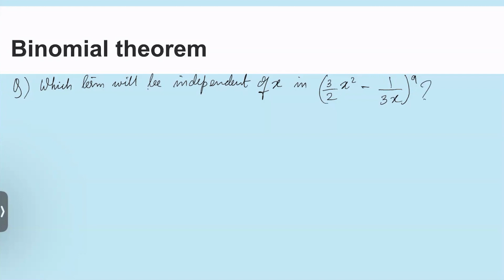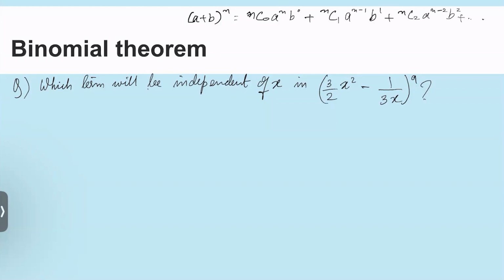Okay, so if you remember exactly the binomial theorem, when we do the binomial theorem, that is (a plus b) the whole raised to n. So you have nc0 a raised to n b raised to 0 plus nc1 a raised to n minus 1 b raised to 1 plus nc2 a raised to n minus 2 b raised to 2.